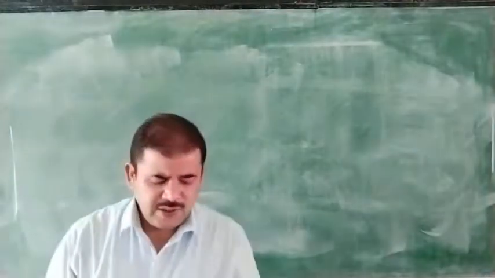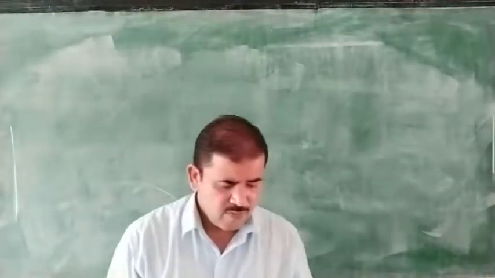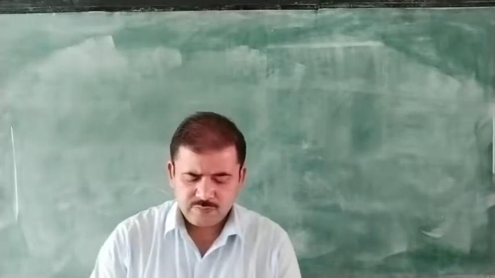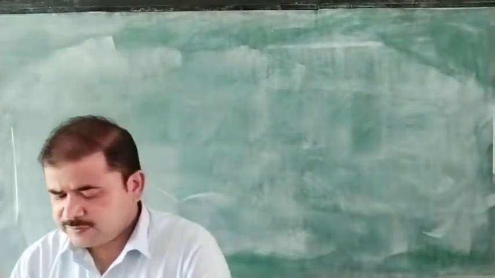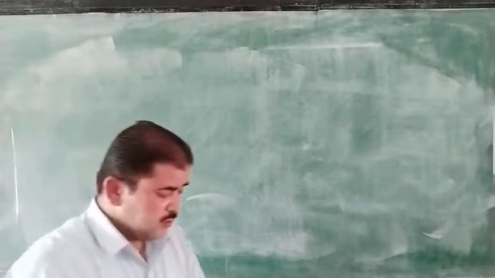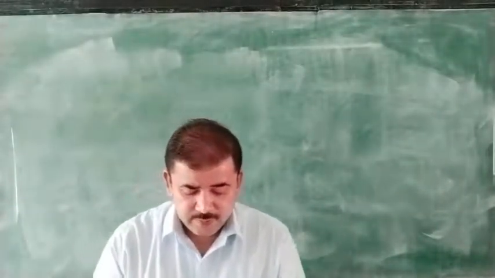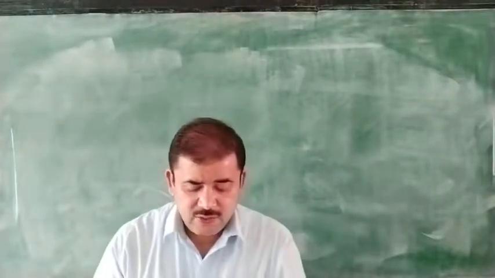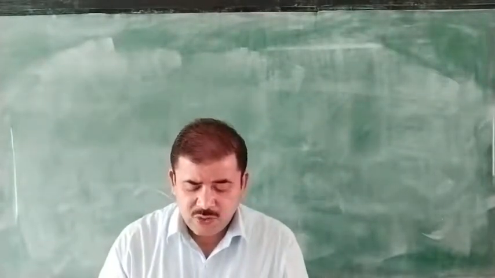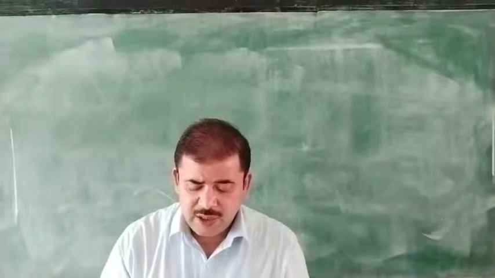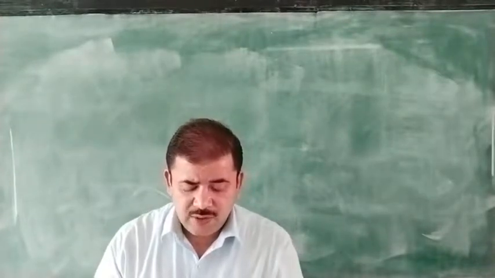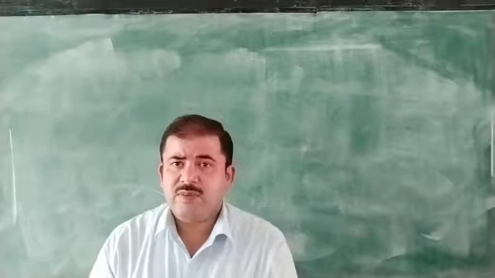And after this, next question, question number 4. Give a balanced equation for a reaction involving evolution of a gas on addition of dilute acid to sodium sulfide and calcium carbonate.